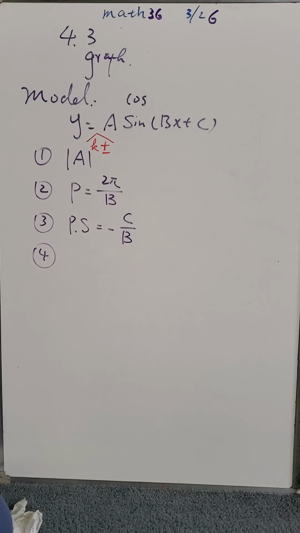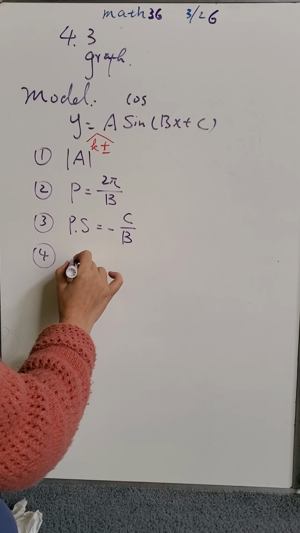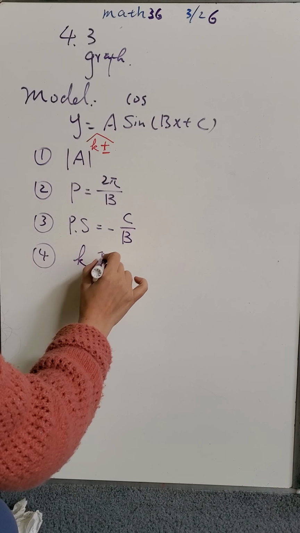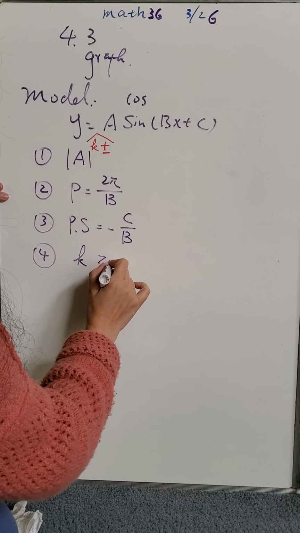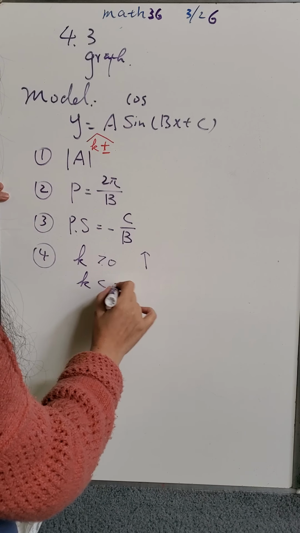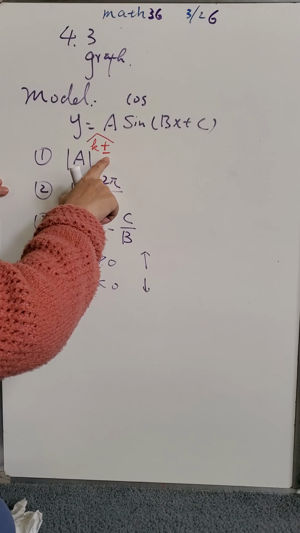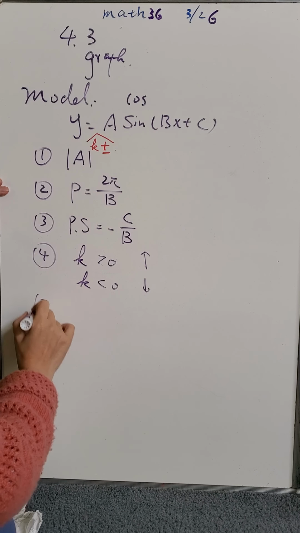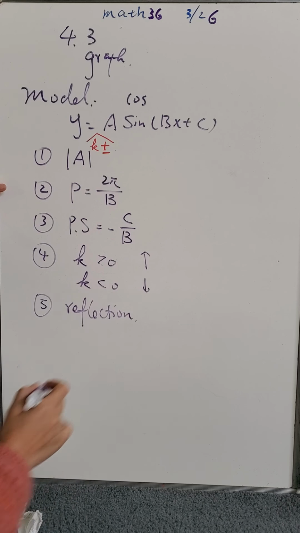If you add a k, that means you shift k units. If k is greater than 0, that's k units up. If k is less than 0, that's k units down. The negative in front means a reflection. So you need to watch these 5 things and then graph accordingly.